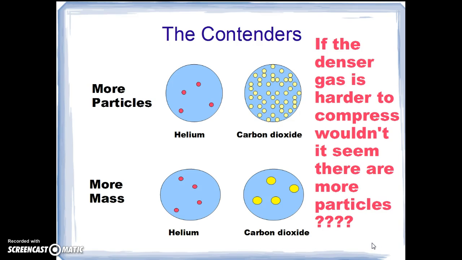We might think if the denser gas is harder to compress than the gas of low density, that seems to support the first contender, more particles, because the carbon dioxide, for instance, would be pushing back on our compression more than the helium. We can see what would happen by doing the investigation. And so we're going to do a Boyle's Law investigation next and look at the compression curves for both kinds of gases, both the denser gases and the not so dense gas.